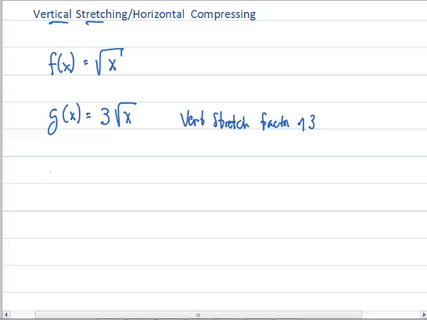If I put the 3 on the inside, this would be a horizontal compression by a factor of 3.